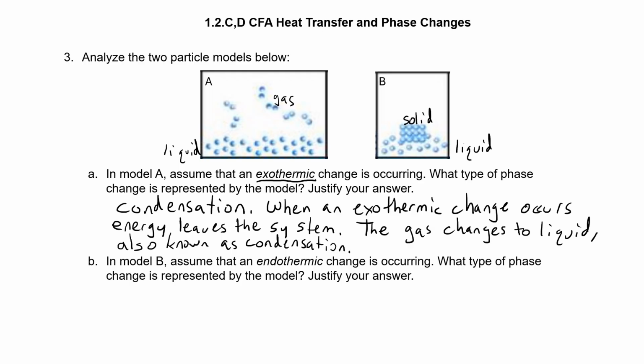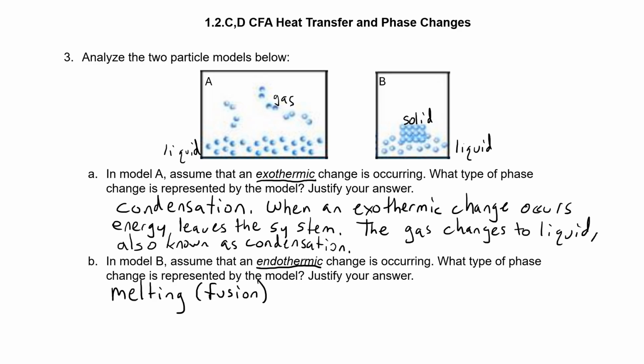But since we are undergoing an endothermic change, energy is going into the system, and the solid particles are going to get more agitated, and as they get more agitated, they are going to separate from each other, transitioning into the liquid state. So when we go from solid to liquid, we are going to have melting occur here. This is also known as fusion.